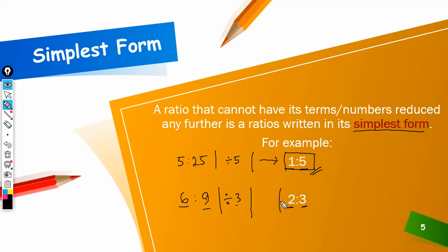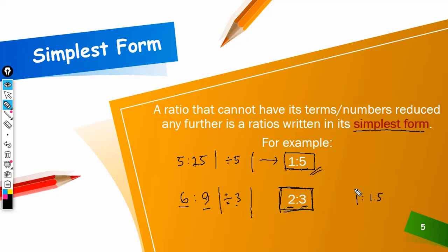Can you divide this more to get a whole number, atau bilangan bulat? If you divide 2 by 2 you get 1, but if you divide 3 by 2, you will not get a whole number because the result is 1.5. This is a decimal number, right? So this is the simplest form you can get.